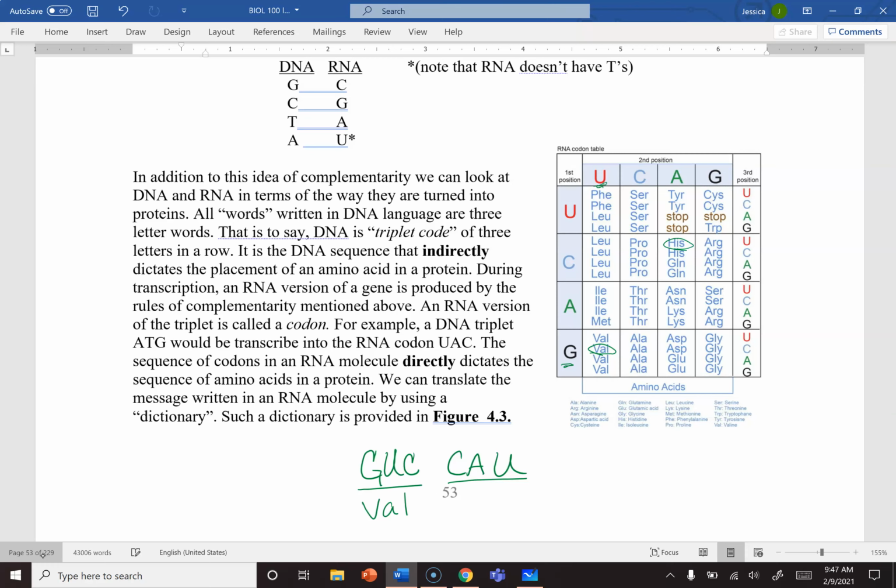CAU, second, is histidine. You all will finish your mRNA sequence, finish your amino acid sequence, and then do the same thing for your sickle cell sequence. Then the lab asks you a couple questions about that sequence. What changes happened and what effect did it have on the amino acid sequence?